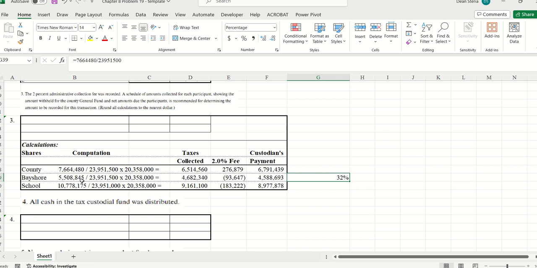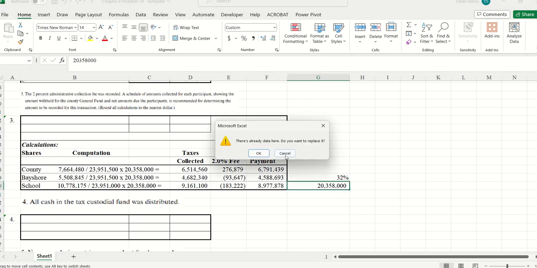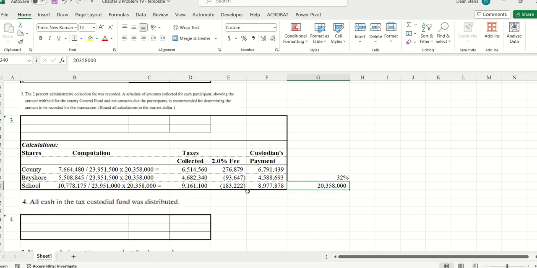So 32% of the 23,581, right? 23,581 there. So now if I multiply these, we're going to get the amount of cash for the county.